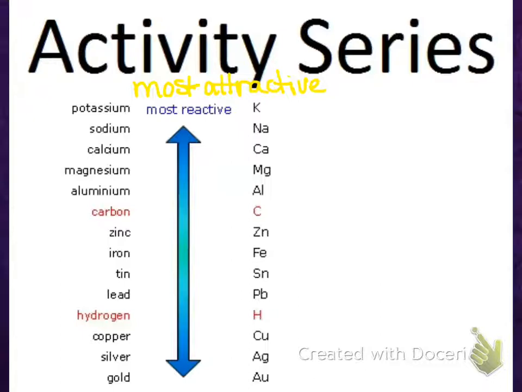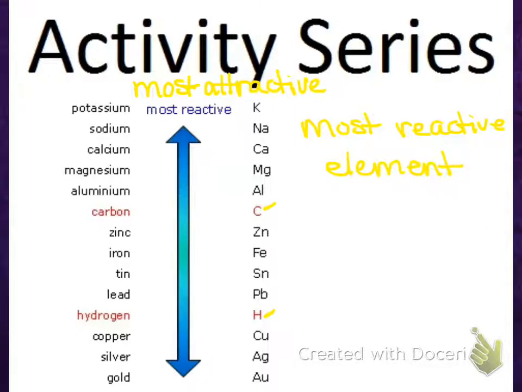Because the most attractive element is going to be the one that ends up in the couple. Okay, so this list shows us, and notice there's a couple of nonmetals in here, carbon and hydrogen, because sometimes carbon and hydrogen are involved in single replacement reactions. Okay, so the way this works is the most reactive element wants to be in a compound, or gets to be in the compound.